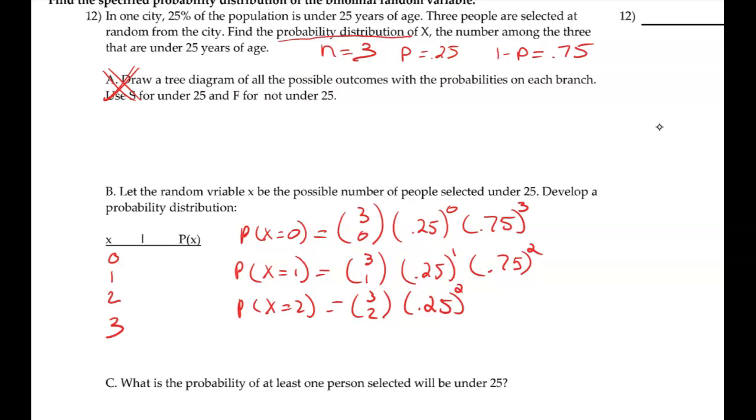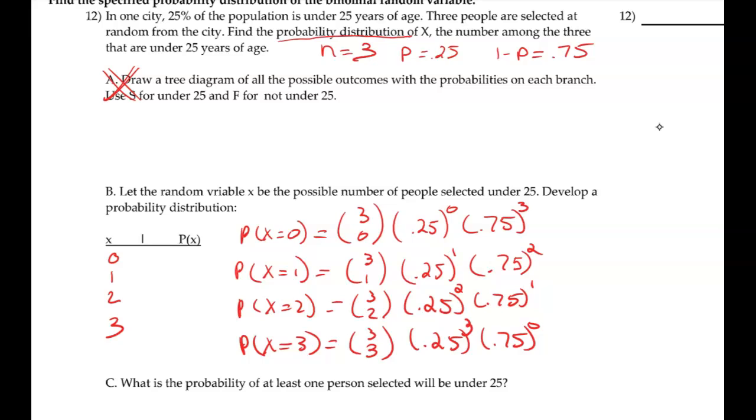I have 2 people. What's the chance of 2 people under 25? Which leaves me with 1 over 25. And then, of course, the last one is 3 choose all 3. I have all 3. And then I have none of them under.